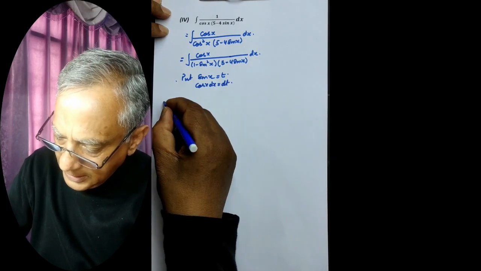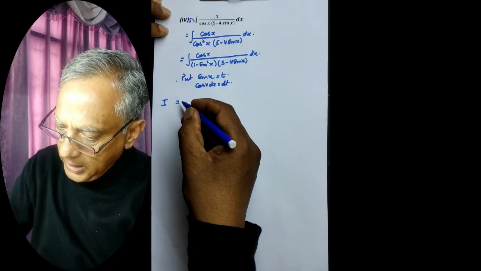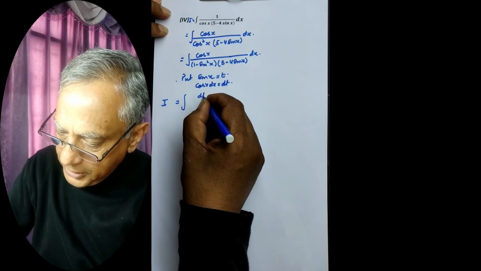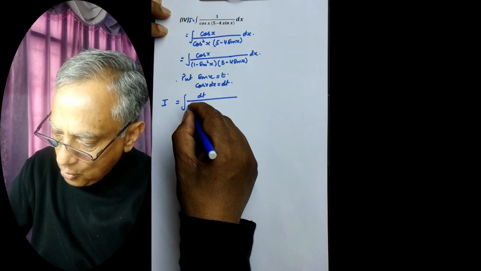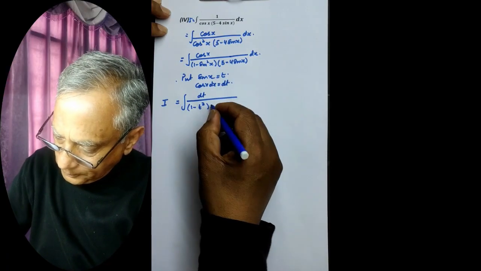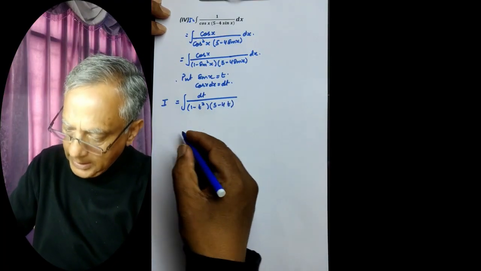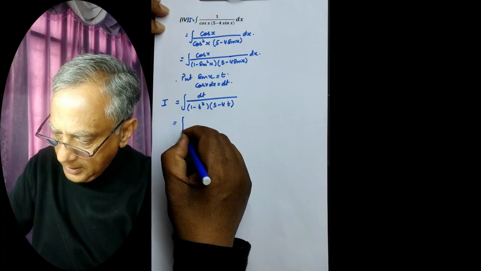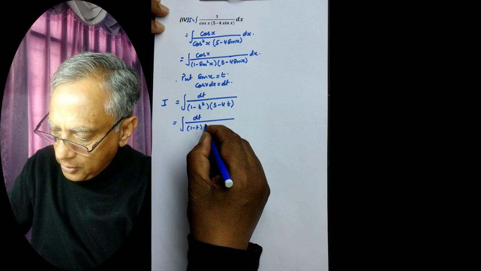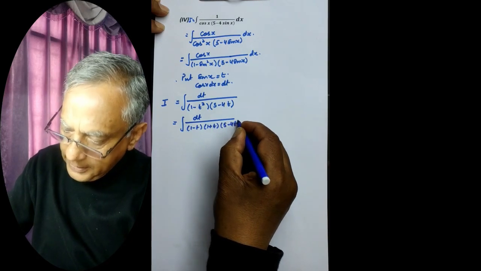Let us denote this integral by I. So I will be equal to integral dt divided by 1 minus t square into 5 minus 4 t, and this can be written as integral dt over 1 minus t into 1 plus t into 5 minus 4 t.